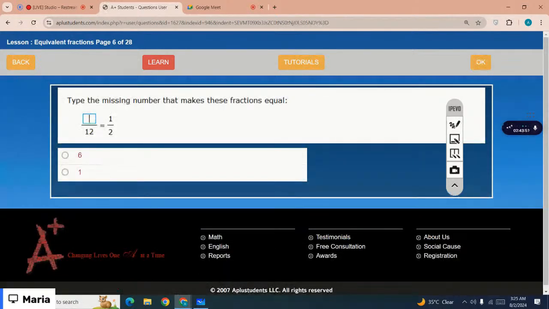Type the missing number that makes a fraction equal. So, which is the correct option?